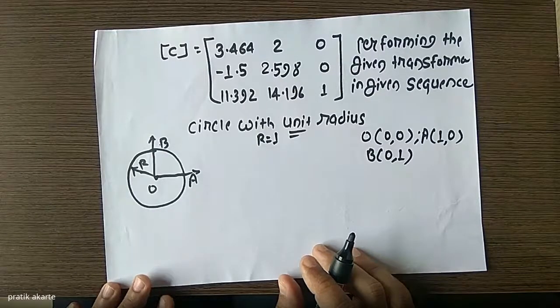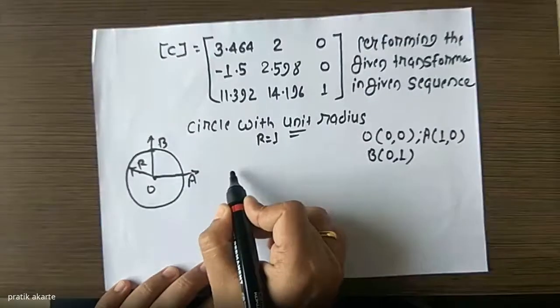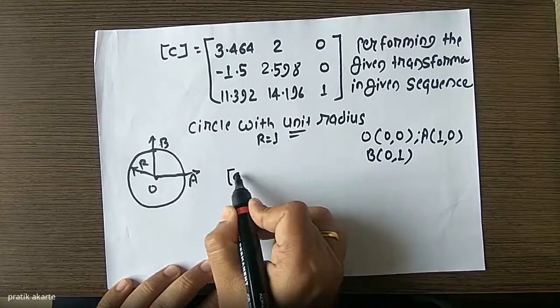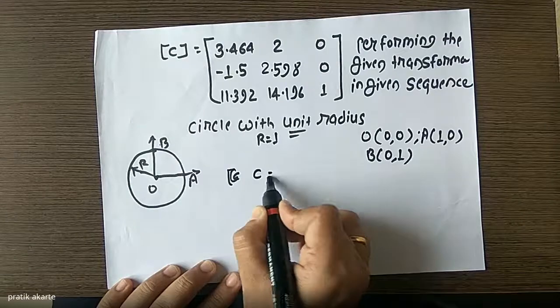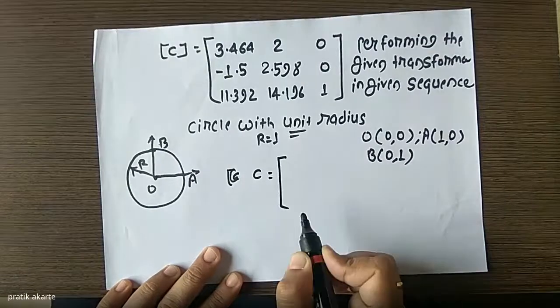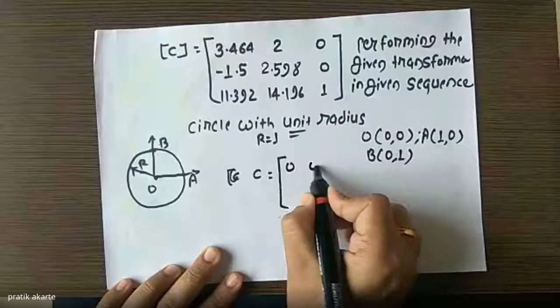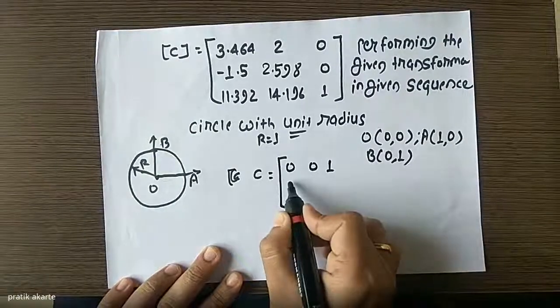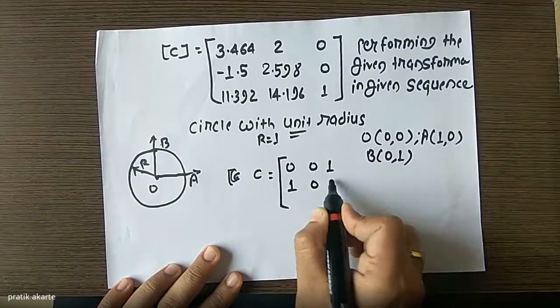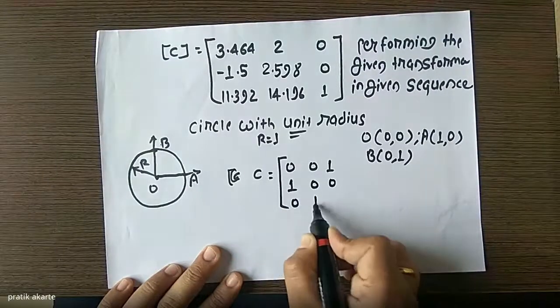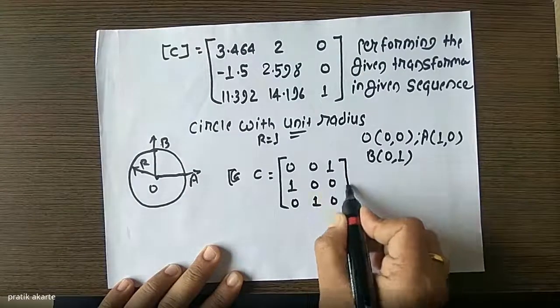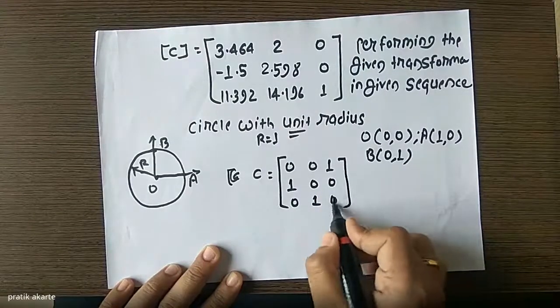But these 3 points can be represented in matrix form as, let us say for the circle, 0, 0, 1, 1, 0, 1, 0, 1.